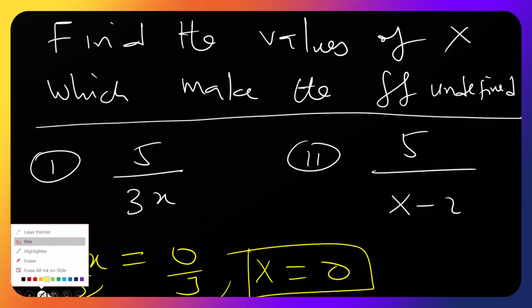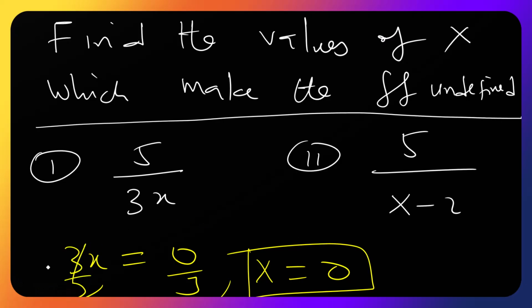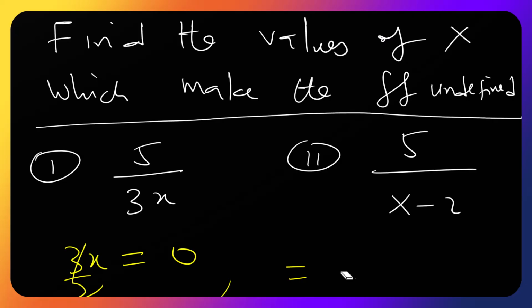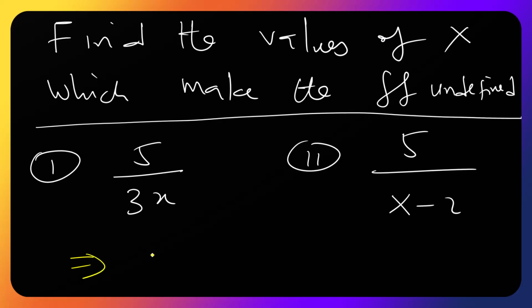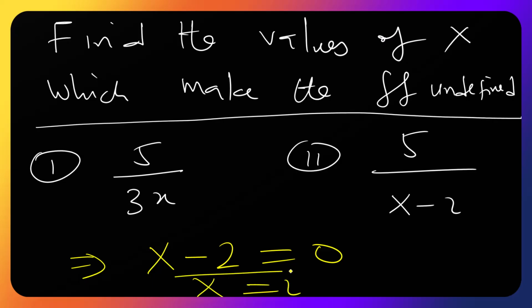So what about the second one? The second one says 5 on x minus 2. So I'll just equate x minus 2 to 0. Therefore, x equals 2.